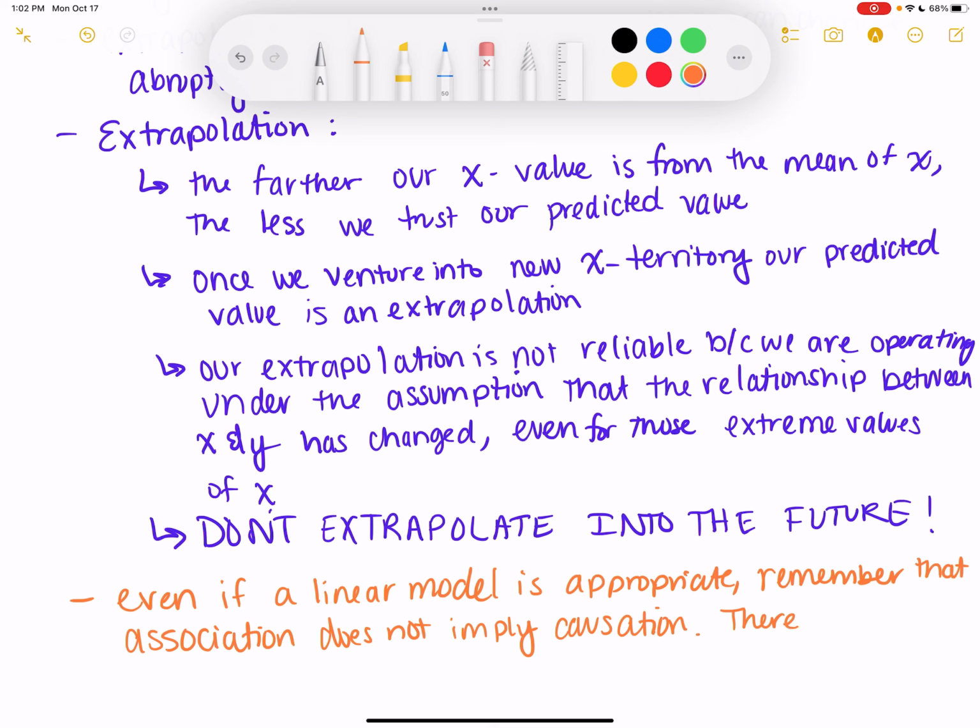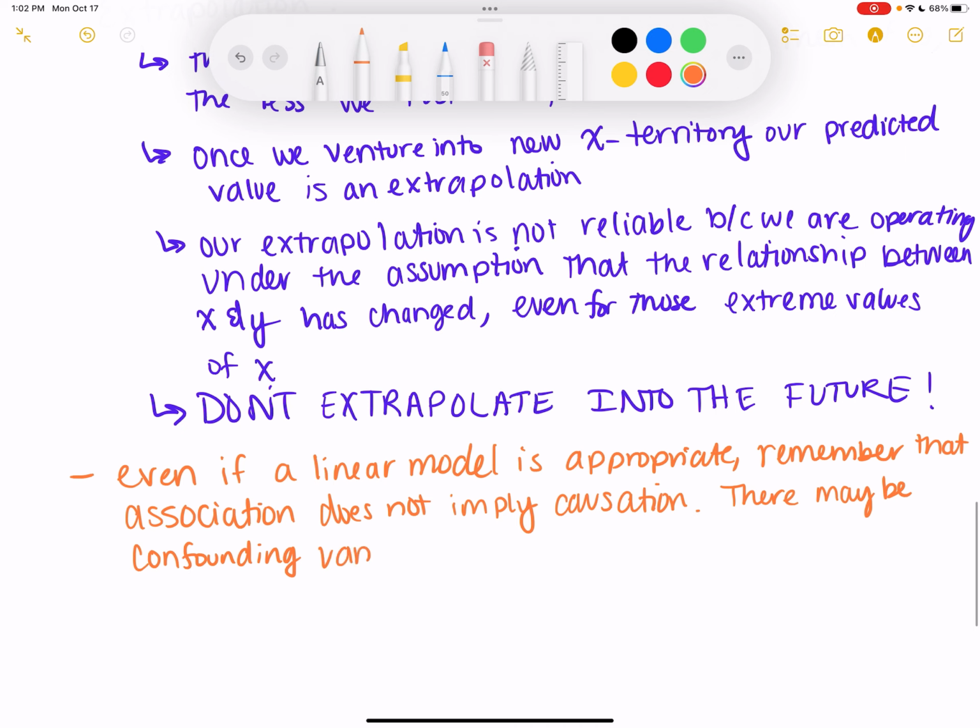There may be confounding variables that account for the association.